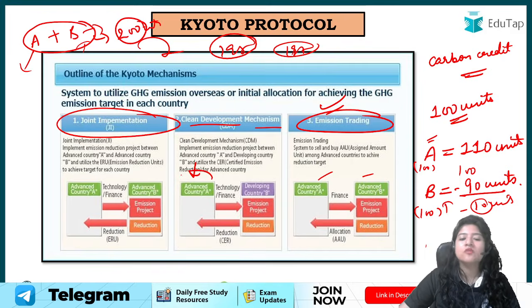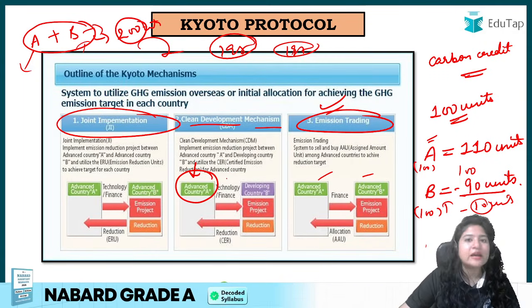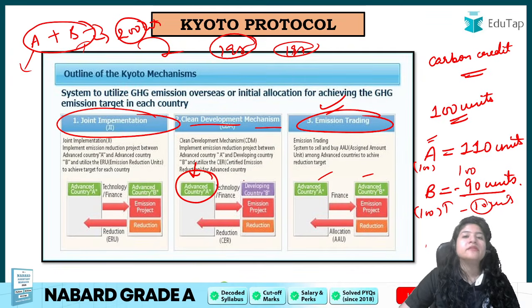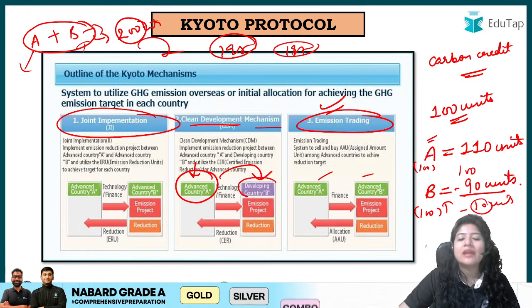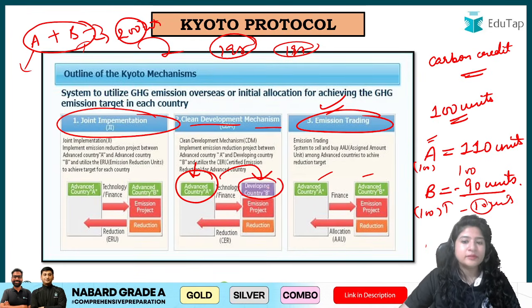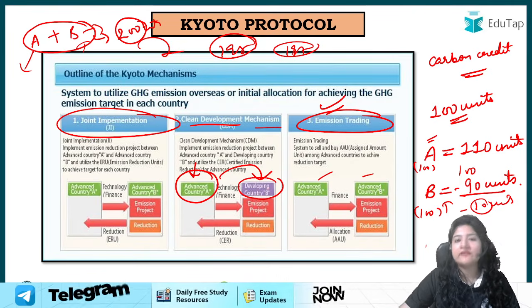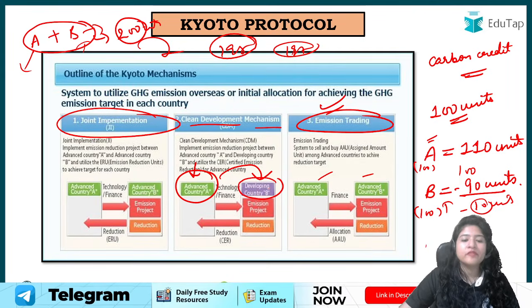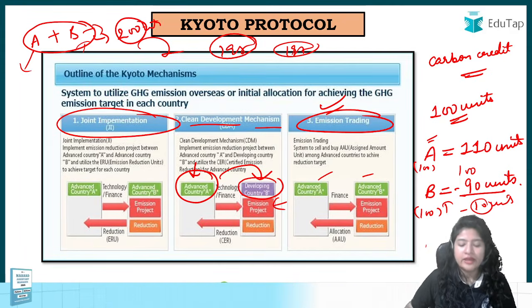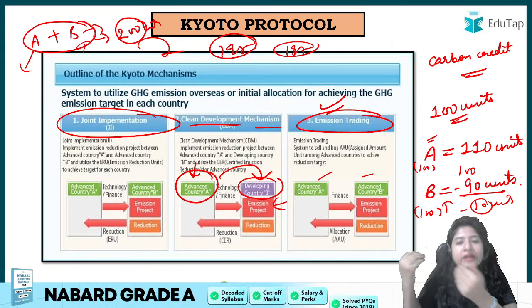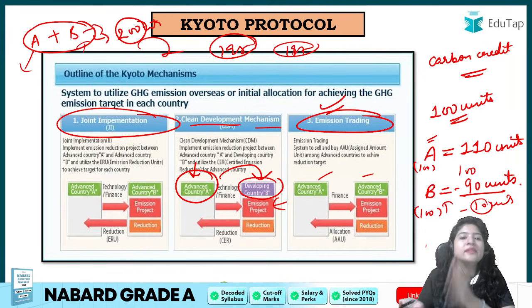In case any advanced country has emitted above its given carbon credit, another way by which it can save itself is to establish a technology in a developing country B. Please keep in mind, joint implementation and emission trading happen between developed countries, but there's also one more way where advanced country A can establish a technology in developing country B, which will help reduce pollution in that country, because developing countries are still figuring out how to do development, and that too with sustainability.